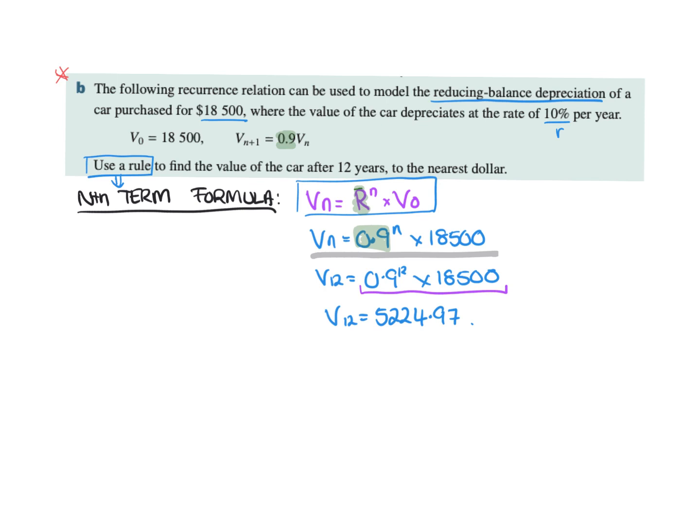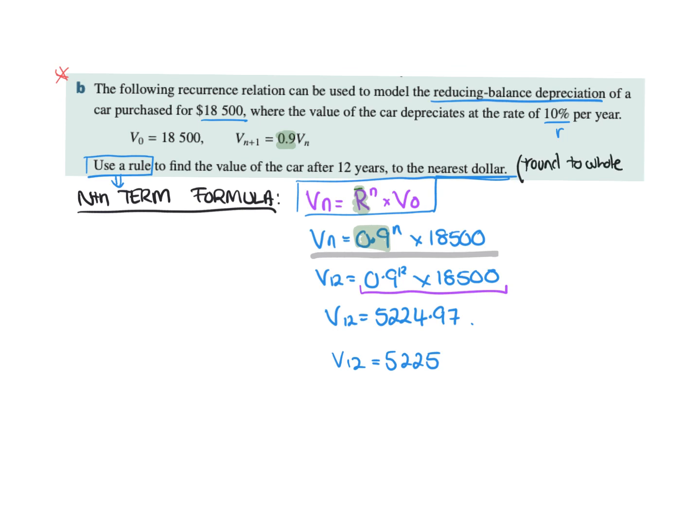And I'm doing it to 2 decimal places. Now, should I keep going? Why should I keep going? What did that question actually say? To the nearest dollar. So what would this one be to the nearest dollar? 5,225. That's right. So nearest dollar, if you need to write a little note up there, this just means to round to the whole number.